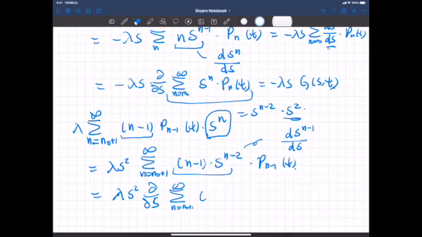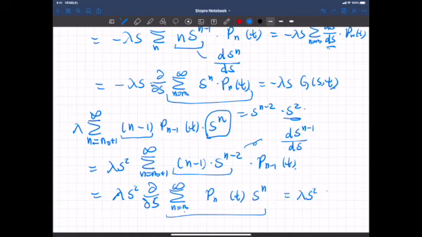And that's Pn minus 1 and s to the power of n minus 1. But here, summation starts from n0 plus 1. So if we change the variables so that we can sum from n0, then those n minus 1 becomes n. And now, this is the generating function. So it becomes lambda s squared, derivative of the generating function with respect to s.